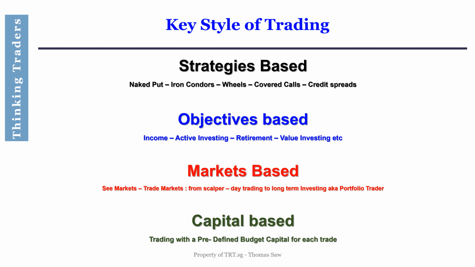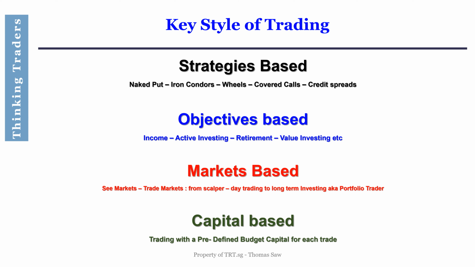So, the third one is market based: see the market, trade the market. I see the market tonight at 9:35 and think, wow, a scalping opportunity. I enter my trade at 9:45, and by 10:15, half an hour later, I will take profit or cut loss. That is what I call intra-hour time-based trading.